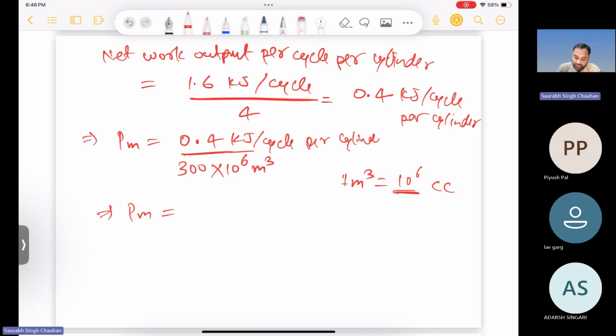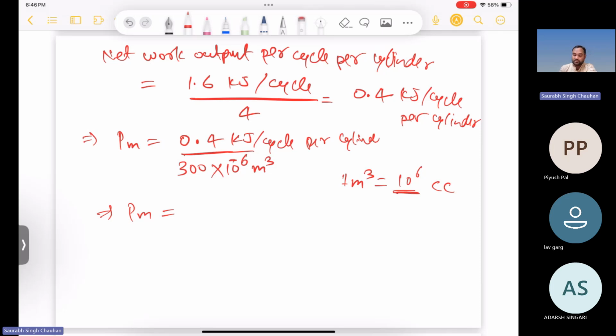So what will be this value? There will be a minus, right? We are converting cc to meter cube.